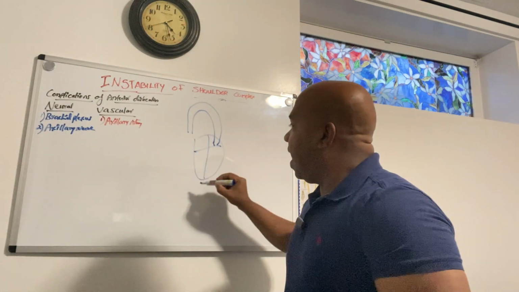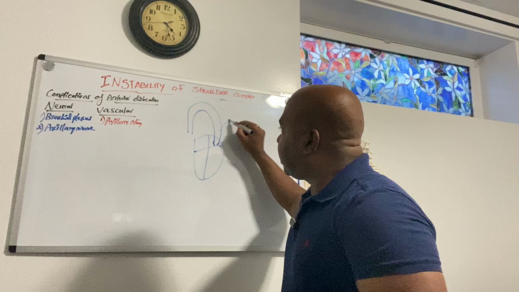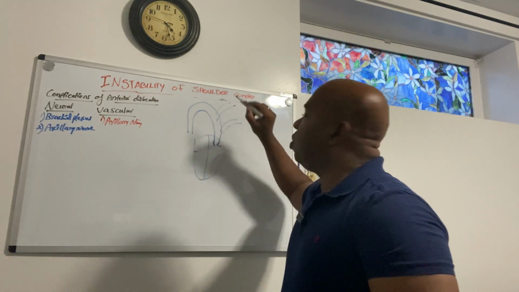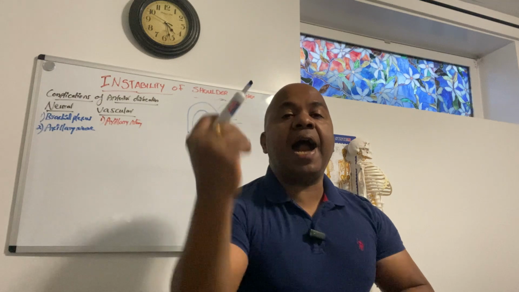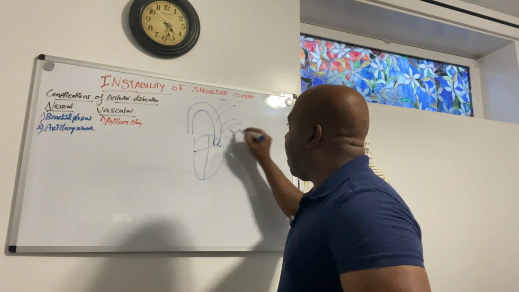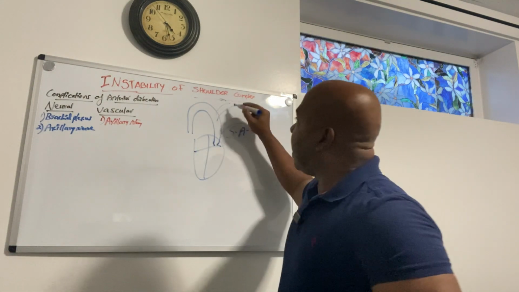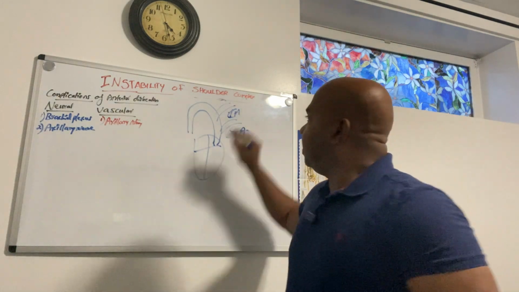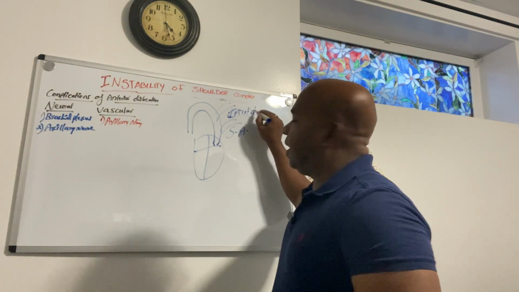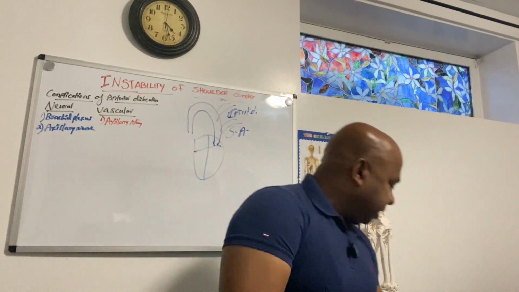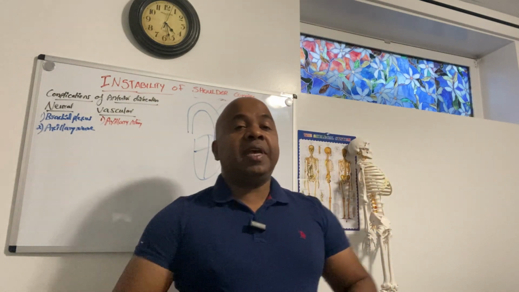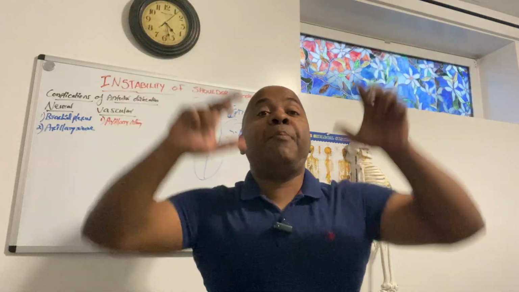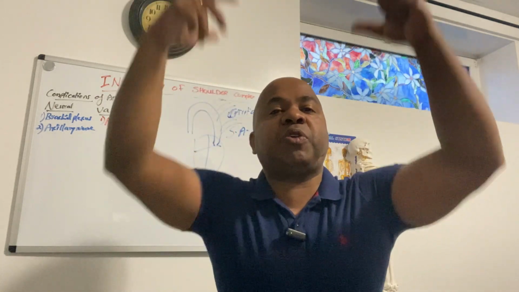From the arch of the aorta there arise mainly two important arteries: one is the subclavian artery, and the other is the carotid artery. The carotid artery supplies the brain, mainly the anterior aspect of the brain.